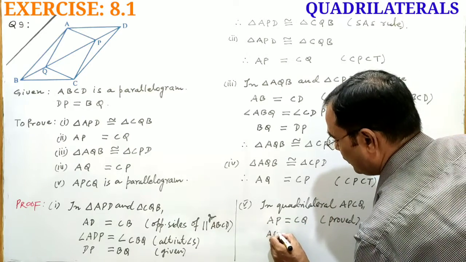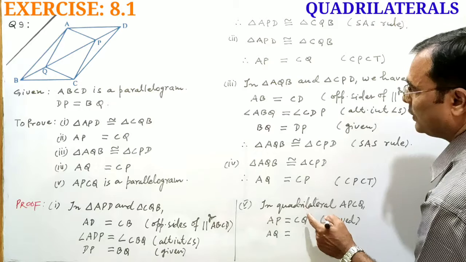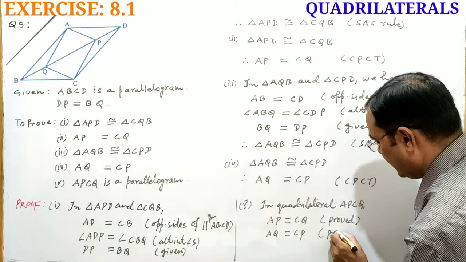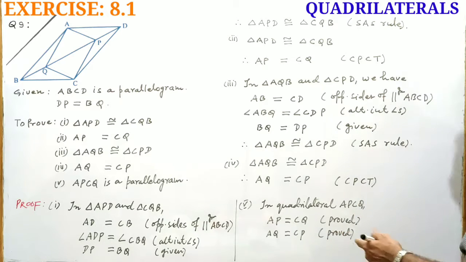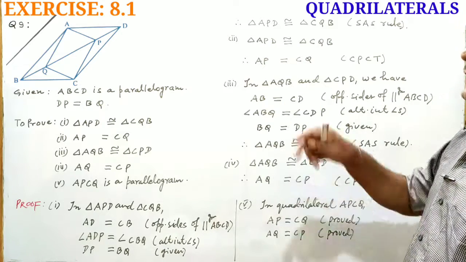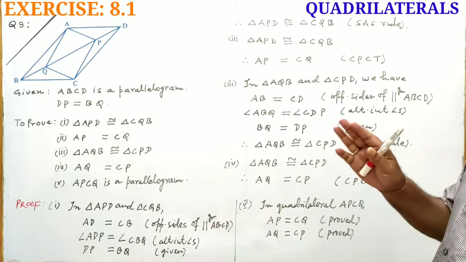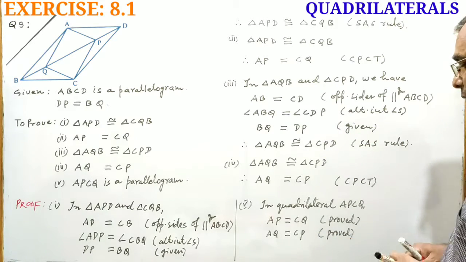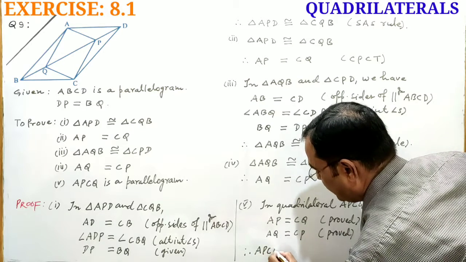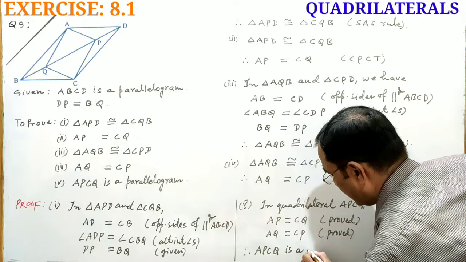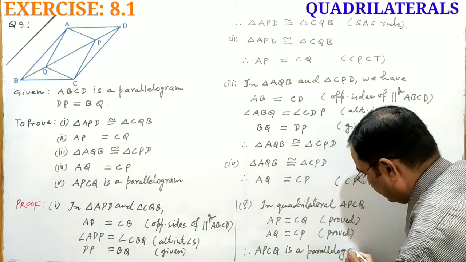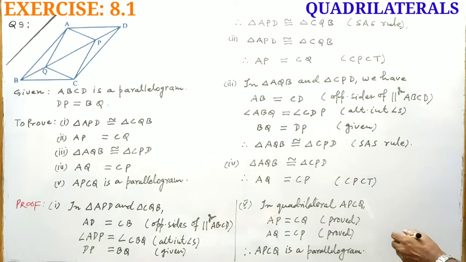And AQ is equal to CP, we have proved it in fourth part. So in quadrilateral APCQ, two pairs of opposite sides AP equal to CQ and AQ equal to CP are equal. Therefore, quadrilateral APCQ is a parallelogram. Hence proved.